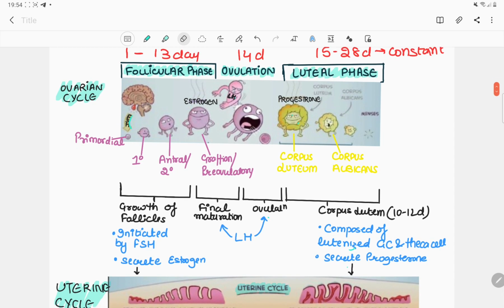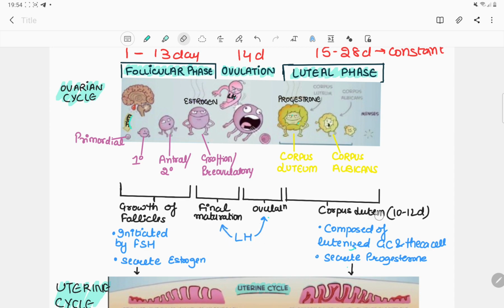Let's revise it quickly. As you can see, growth of follicles is initiated by follicular stimulating hormone, and these follicles secrete estrogen. And final maturation of the follicle and ovulation take place by luteinizing hormone.